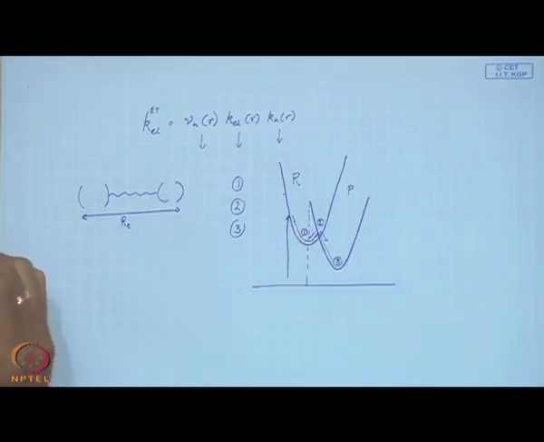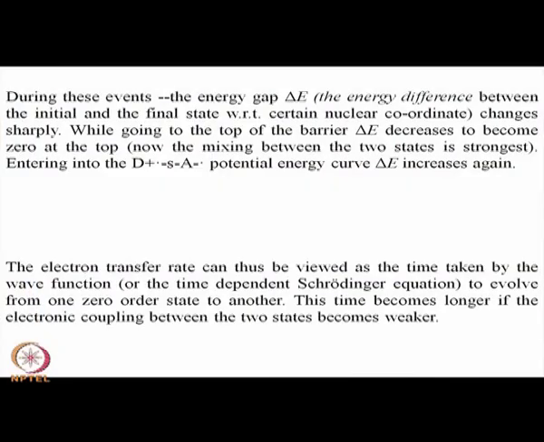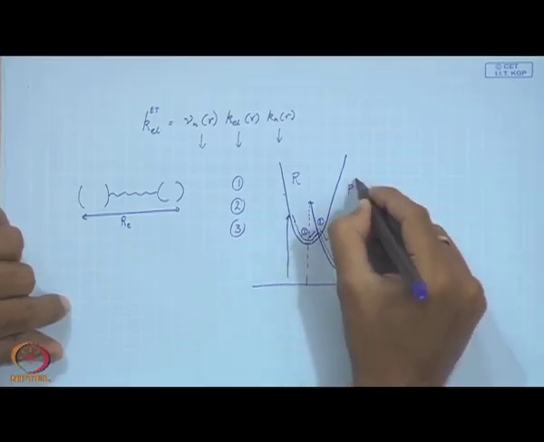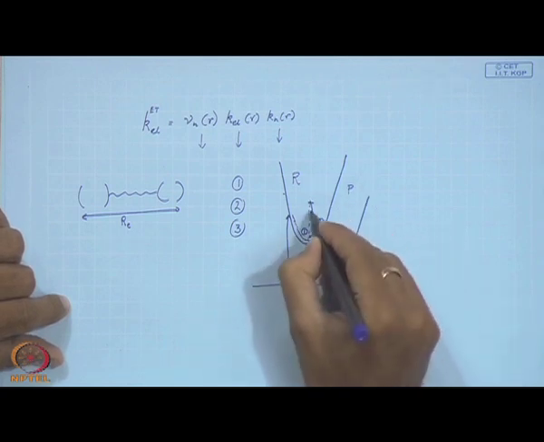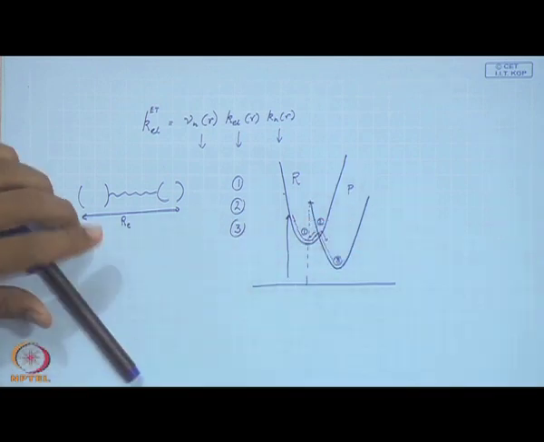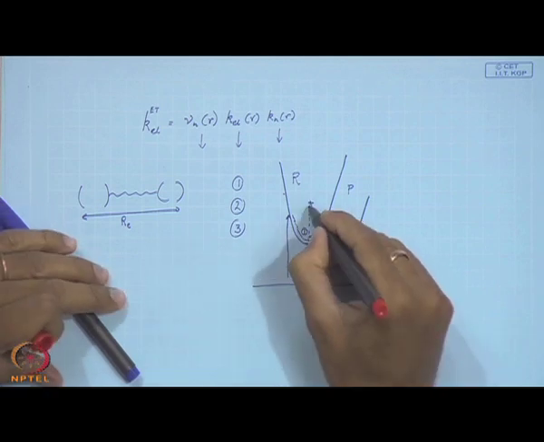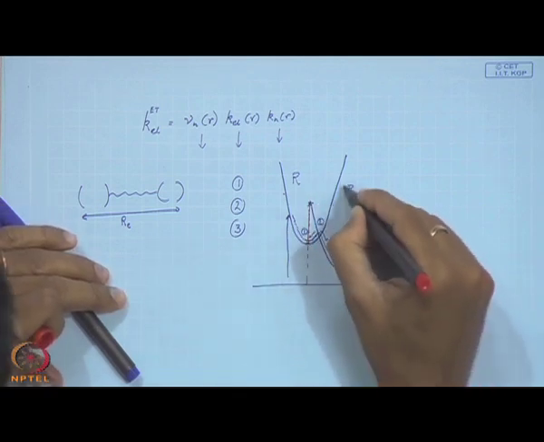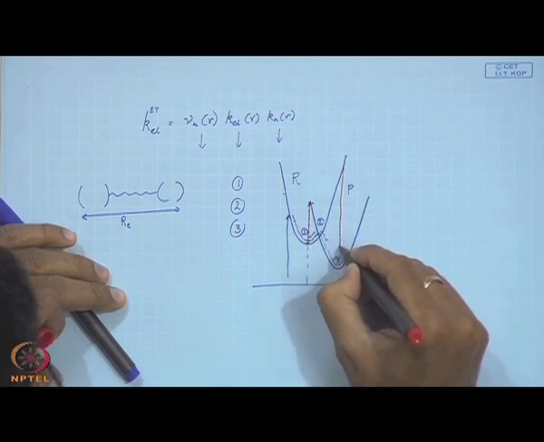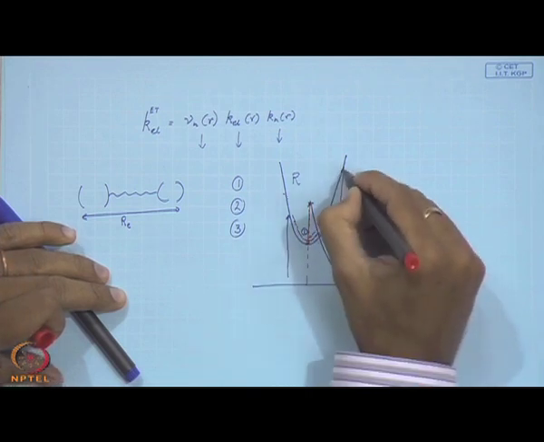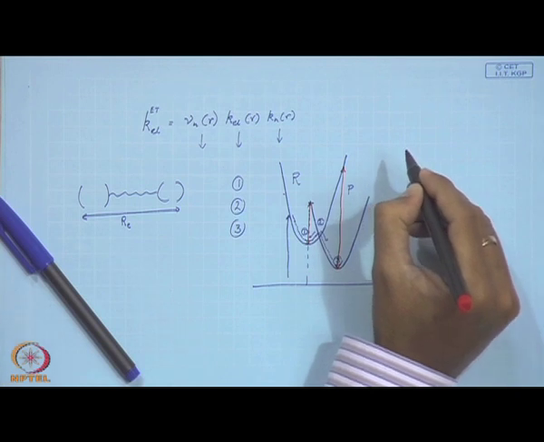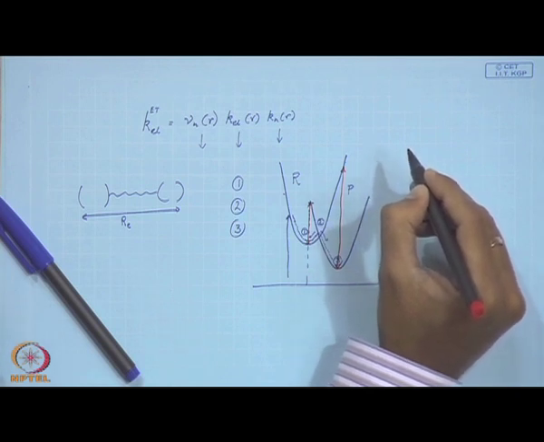So, the energy difference between the initial and the final state with respect to a certain nuclear coordinate changes sharply. Initially it was this much, then it is 0, and then again it is very high. Here it is like this much, so it changes sharply.